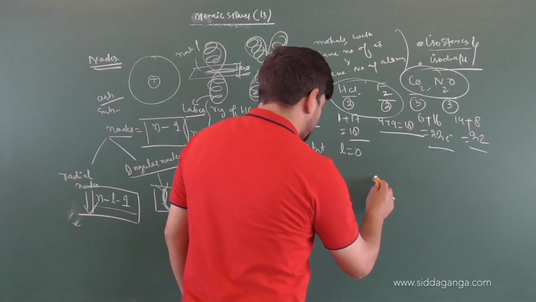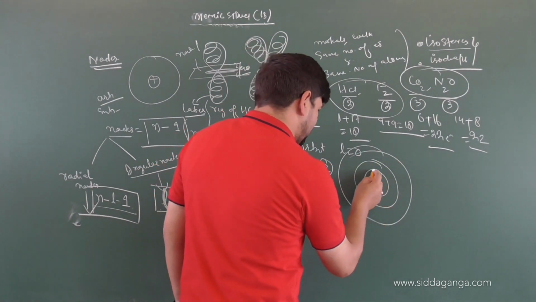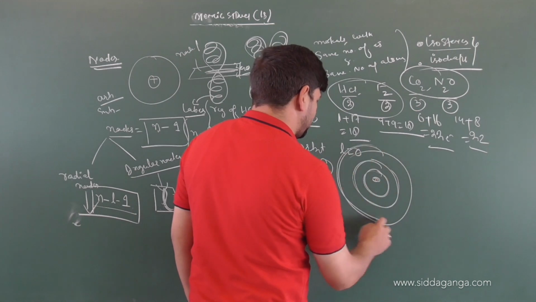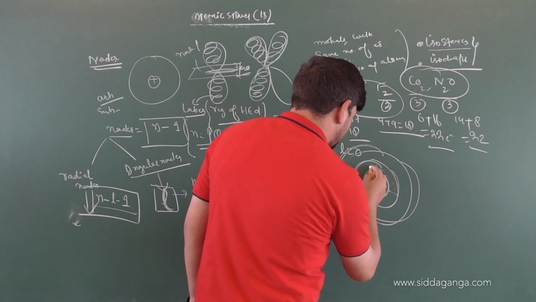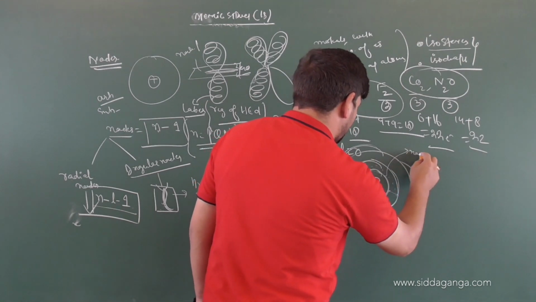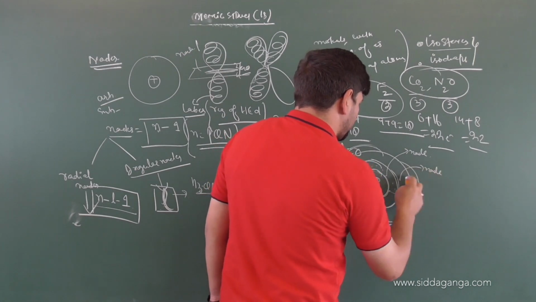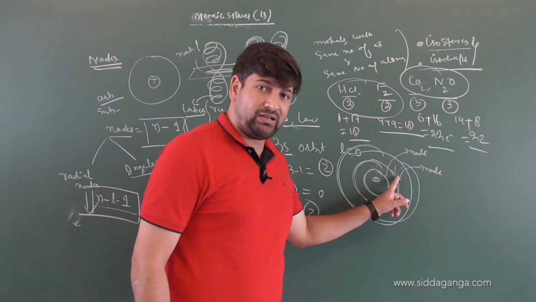Want to see that? Have a look. This is the nucleus. 1s, 2s, 3s. Here electron densities are present. Here also electron density is present, and here also. Between 1s and 2s, there is a region where electron density is least. This is a node, and here, this is also a node. So how many nodes did you get? What exactly are nodes? Regions where electron density is minimum.